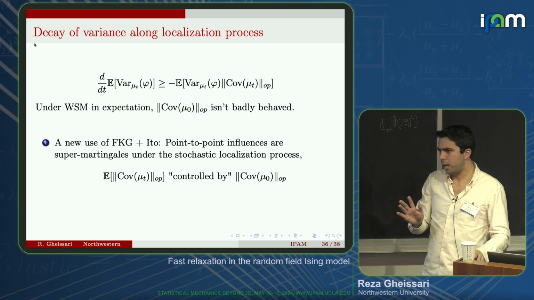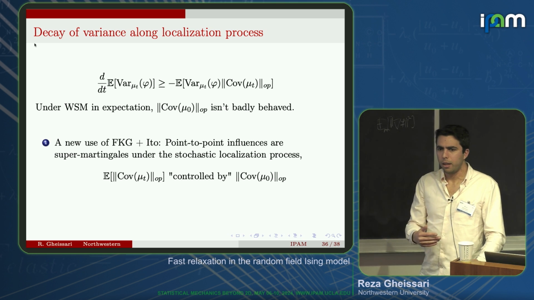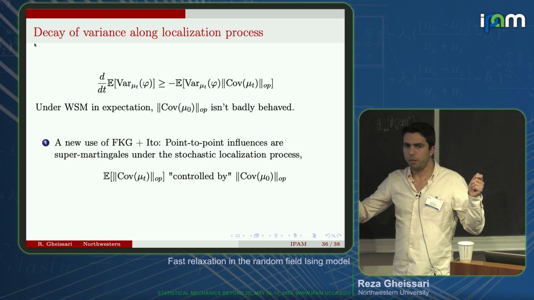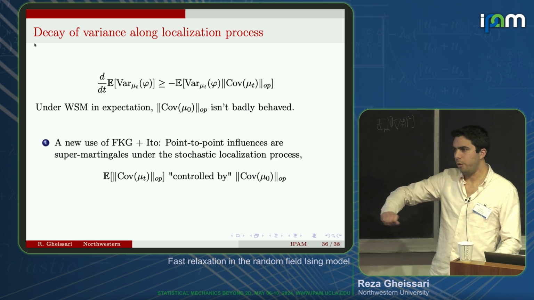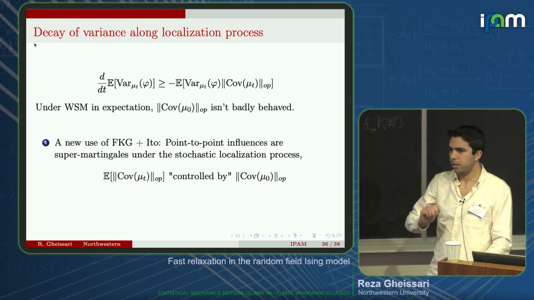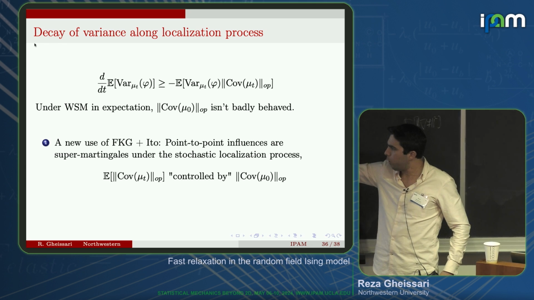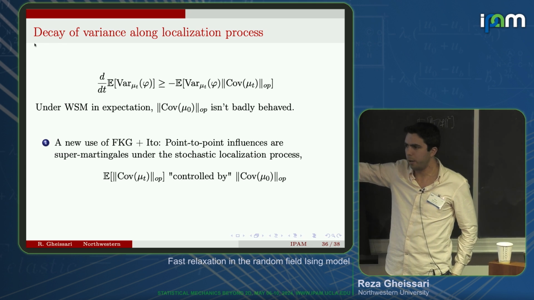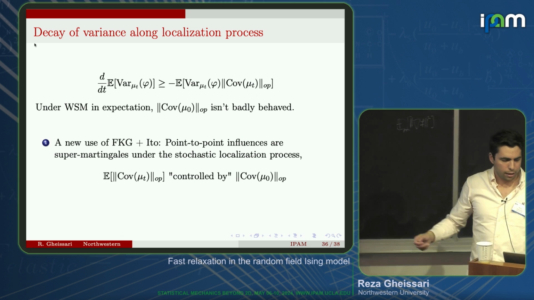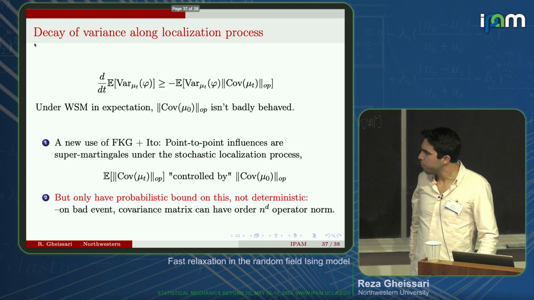So this is not something that's covered if you know the Ding-Song-Sun inequality. But in expectation, point-to-point influences only decay with the introduction of a further Gaussian random field. Okay? And so that tells me that more or less I can control this covariance matrix along the stochastic localization process, and that gives me a lower bound on the decay of the variance.